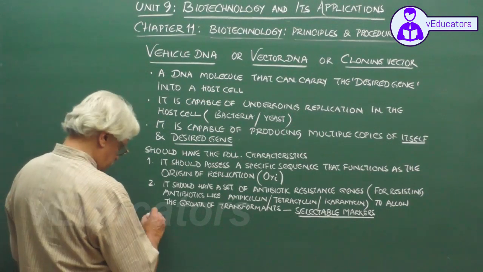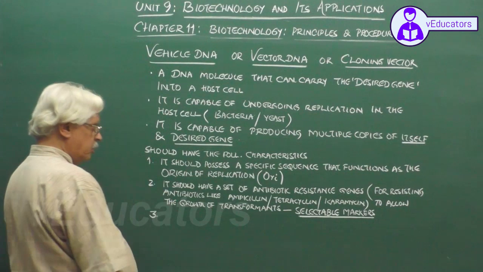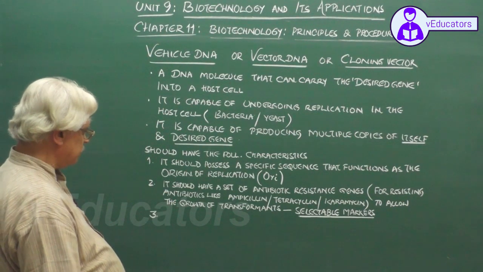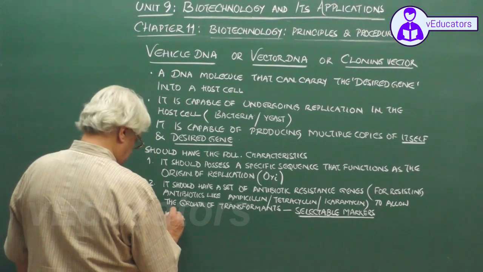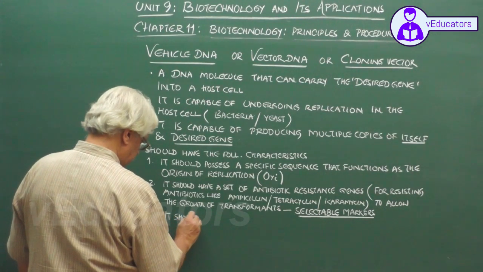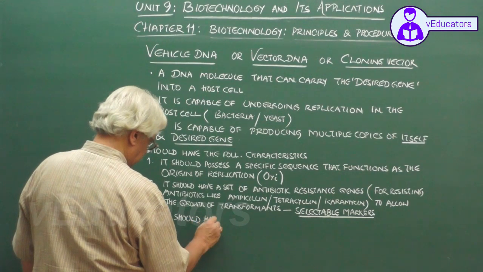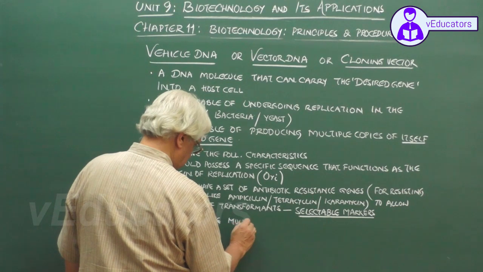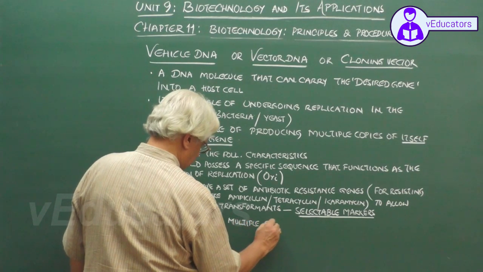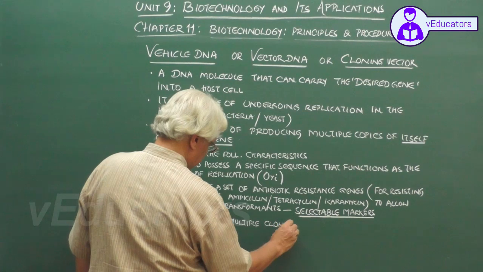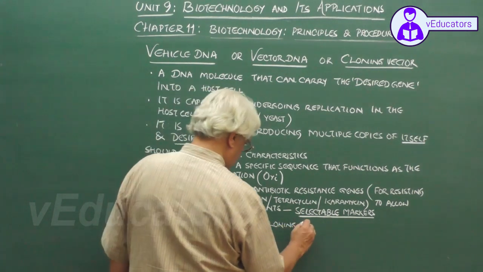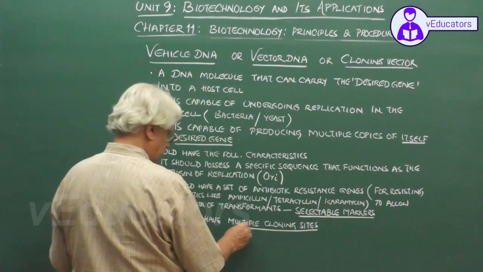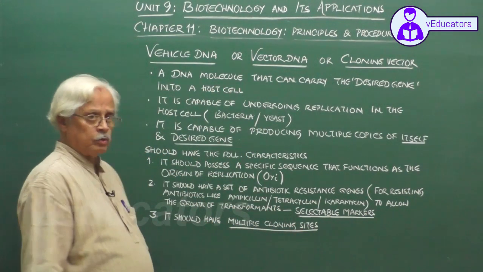And another important characteristic of the cloning vector is that it should have multiple cloning sites.